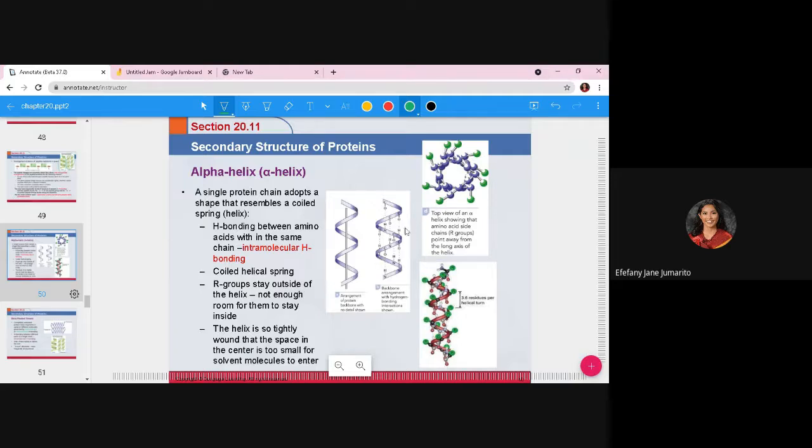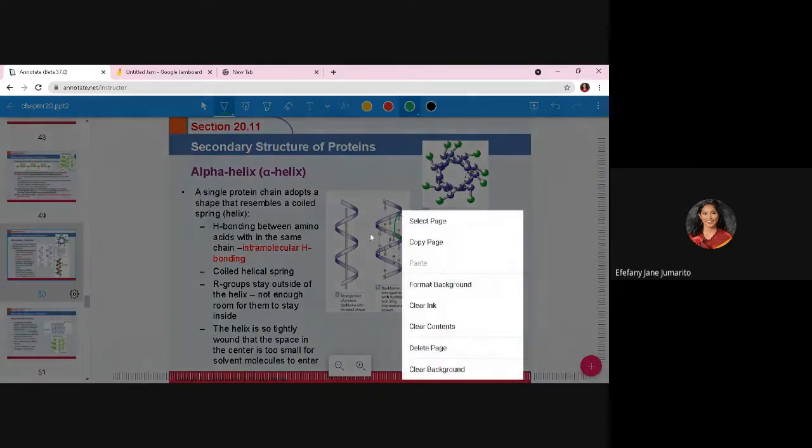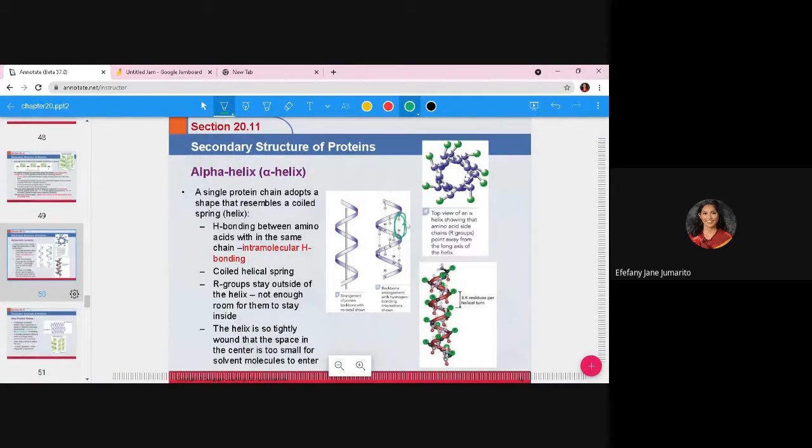Okay. So the OH, the bonding in an alpha helix is naasa sulod, the OH. Okay, naasa sulod sa helix. Then the R group, okay, the R groups are outside the helix, this one.